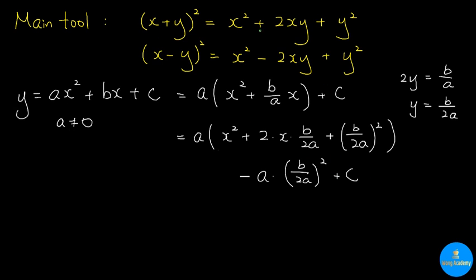Applying the identity to simplify this expression, we get a times x plus y, which is b over 2a, all squared. This constant can be simplified to plus c minus b squared over 4a.